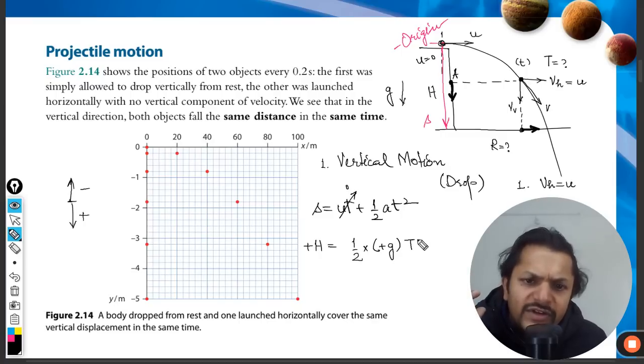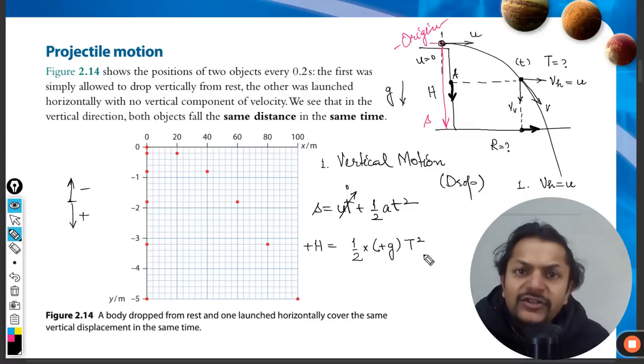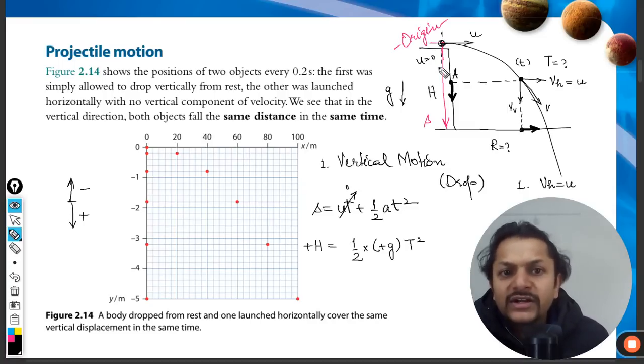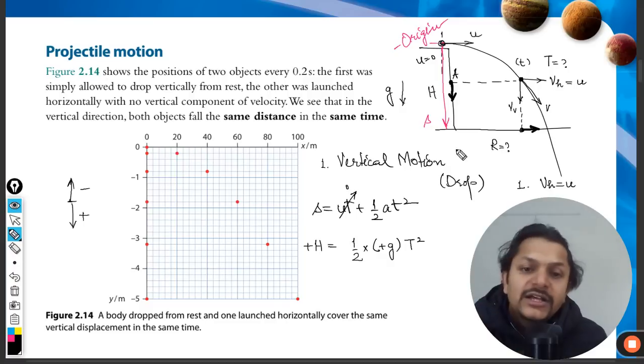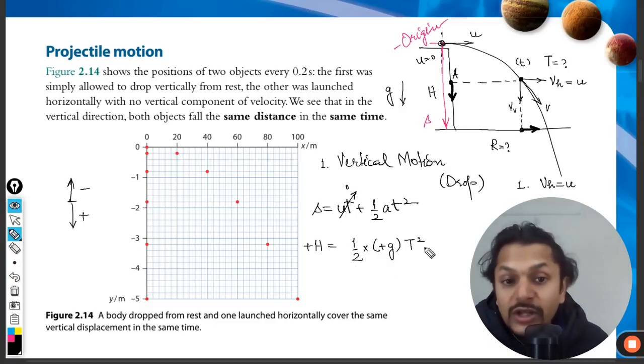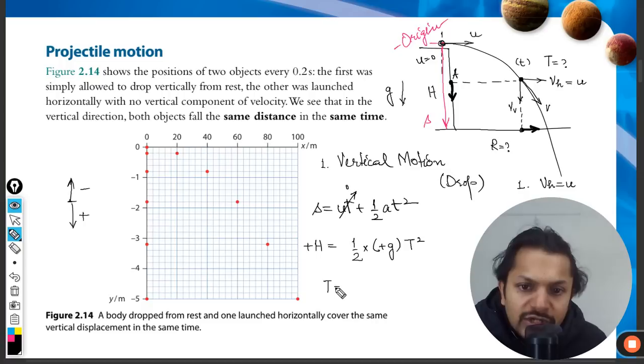And obviously we are talking about the total time. There is no significance of small t because we are considering the total displacement. So this is the relationship between the total height and the total time. So time comes out to be equal to root of 2h by g.